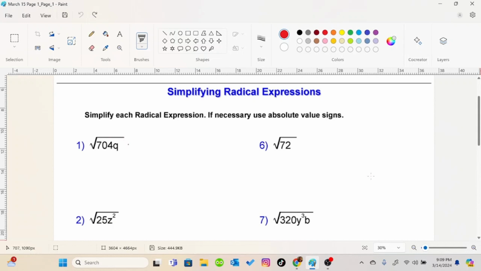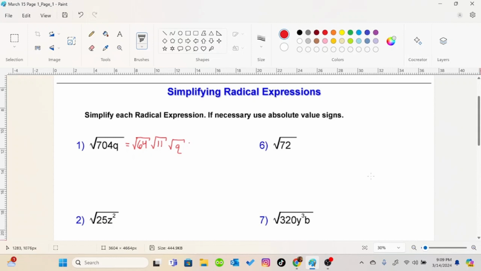To get started with number 1, 704 can be thought of as 64 times 11. And then Q stays the same.